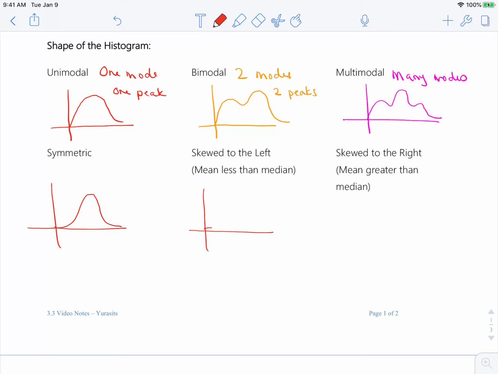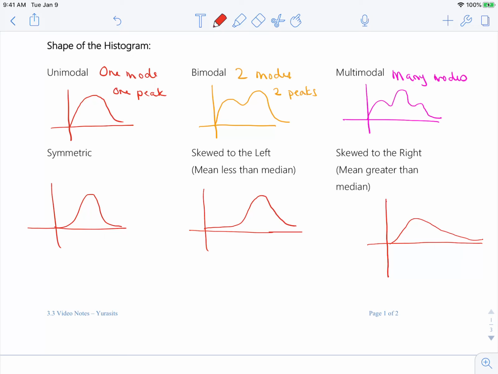I take a little bit, my data is growing, then I have my peak. So for these, I'm just drawing unimodals. Skewed to the right would be something different. It would be, you have a tail on the right, and then you peak. Okay?